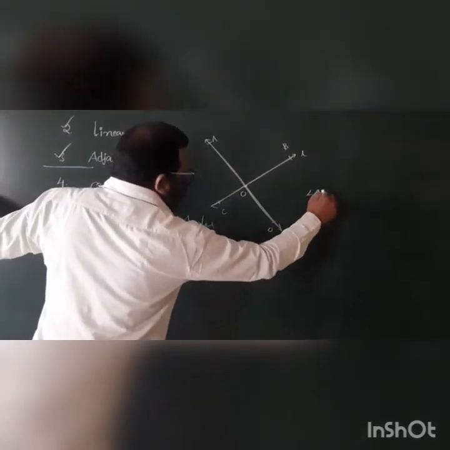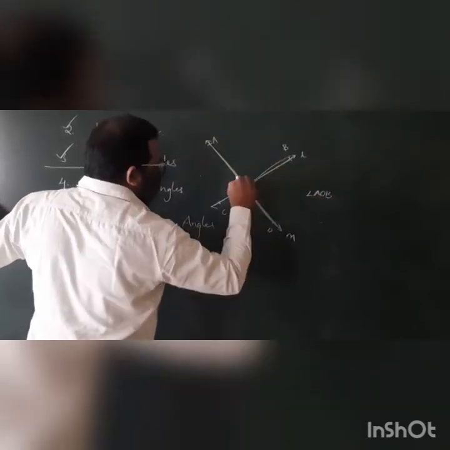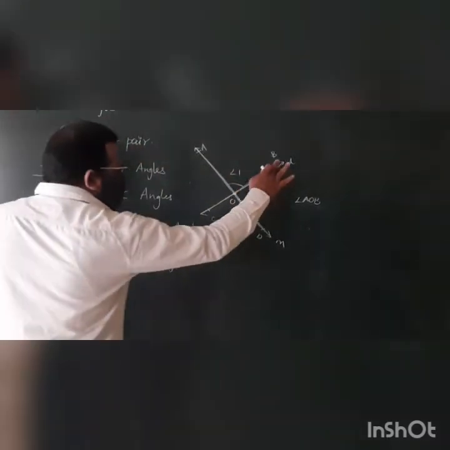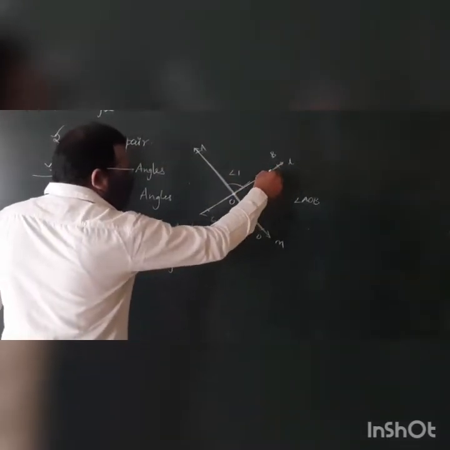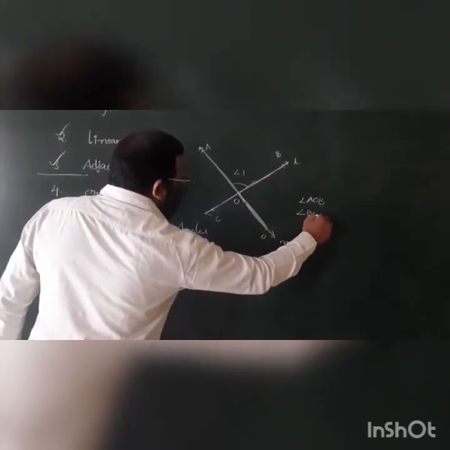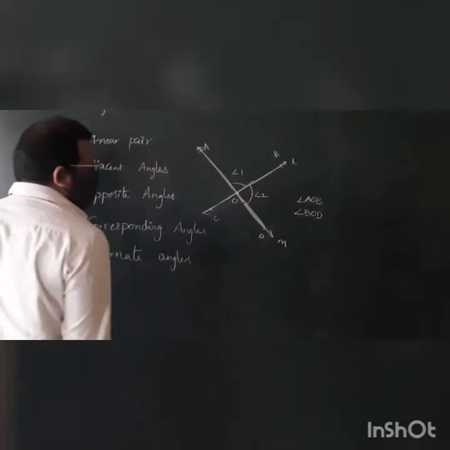Angle AOB is one angle, I am taking it as angle 1. And here we can see one more angle, that is angle BOD. I am taking this as angle 2.